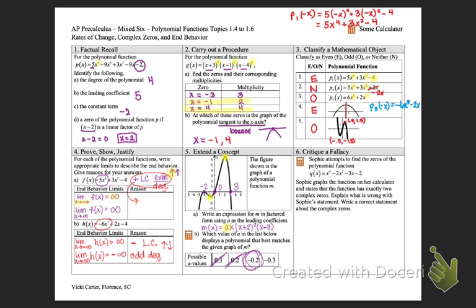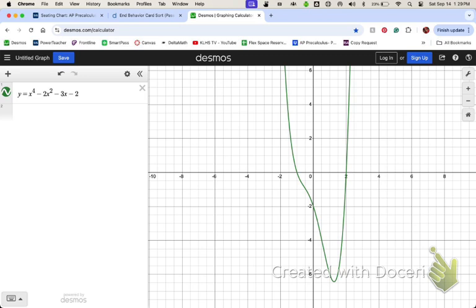Okay, so we are going to go to the graphing calculator again. So you'll want to put this in your Y1 and then go ahead and graph it. I'm going to pull this up on Desmos again. Ta-da, here's the graph. Okay, so what I see here is that I have 2 places where I cross the x-axis, okay?